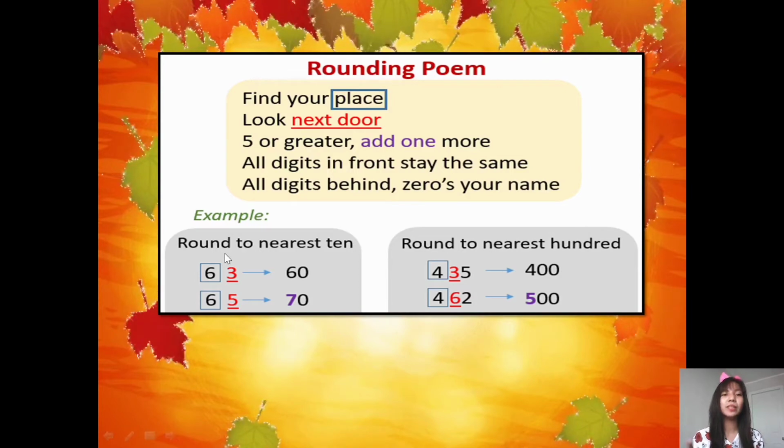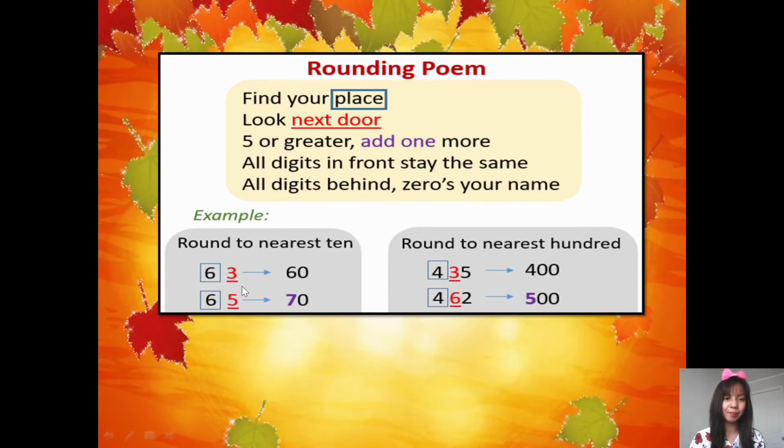So you don't need to add 1 here to the 6. So all the digits in front stay the same. Alright, so just 6, and then all the digits behind, you have to make 0. So again, the number 6 here will stay the same and make this 3 into 0.